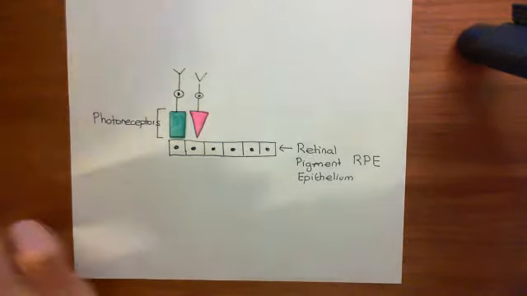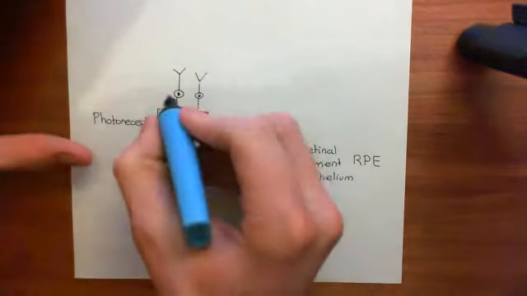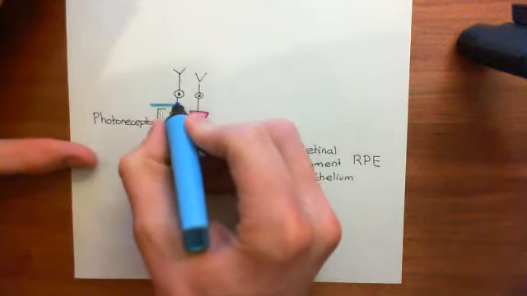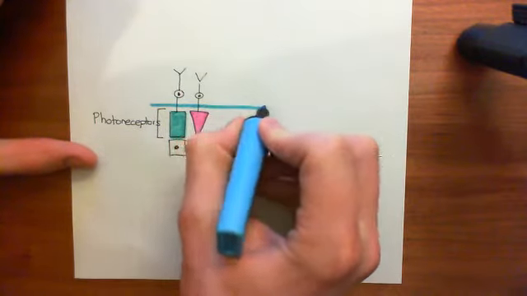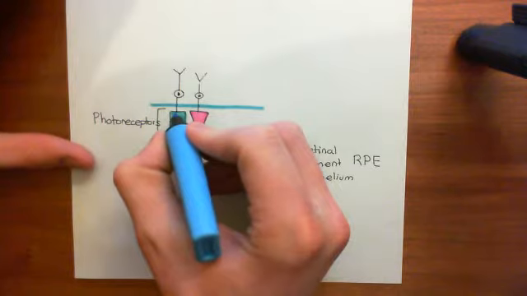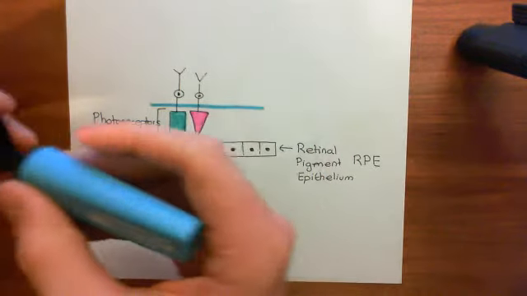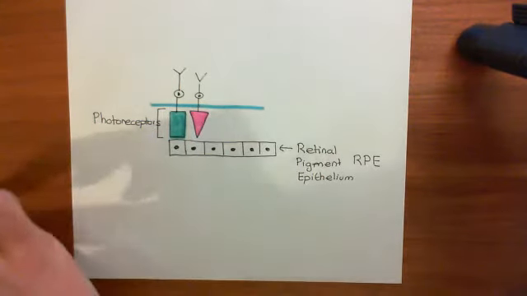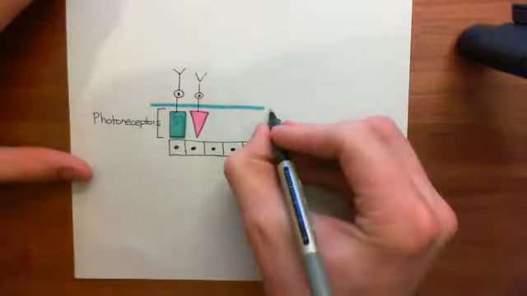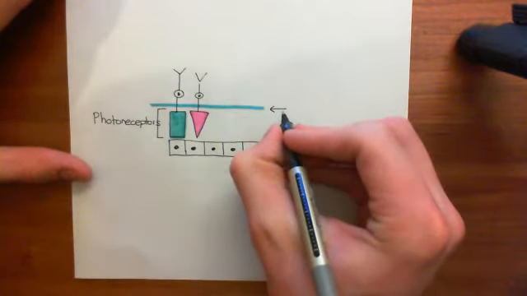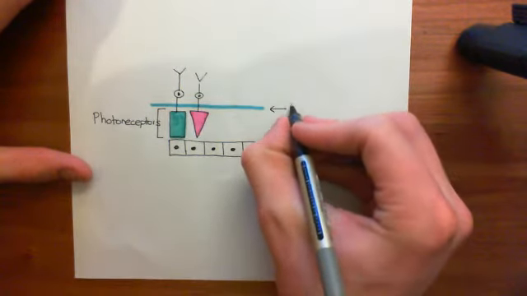Now, separating the rods and the cones from their cell bodies, there is a membrane through which these axons that connect the rod and the cone to their cell bodies will have to penetrate. This membrane is called the external limiting membrane.